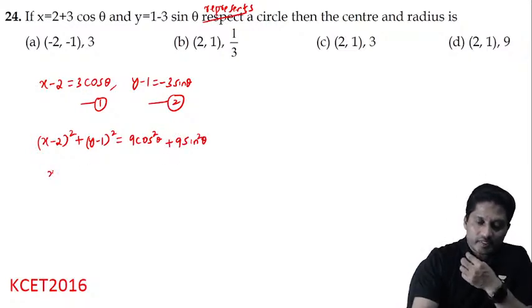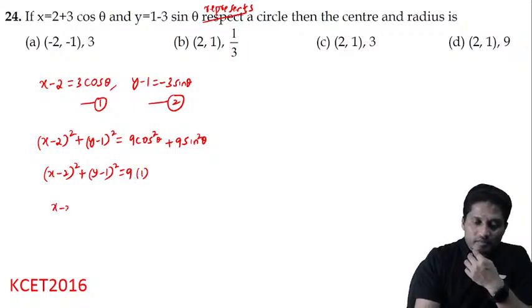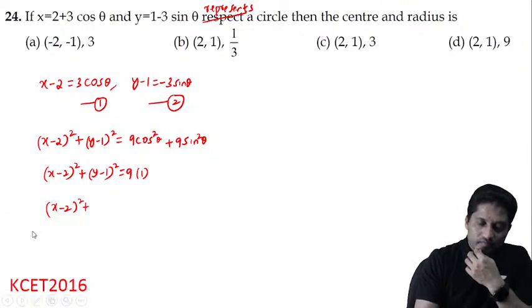So this is 9 times cos square plus sin square, which is anyways 1. So x minus 2 the whole square plus y minus 1 the whole square is equal to 3 square.